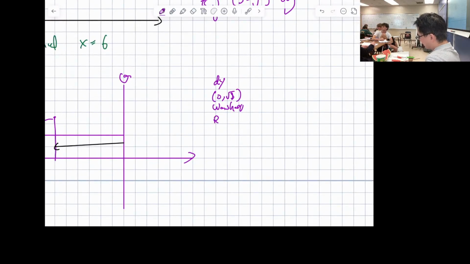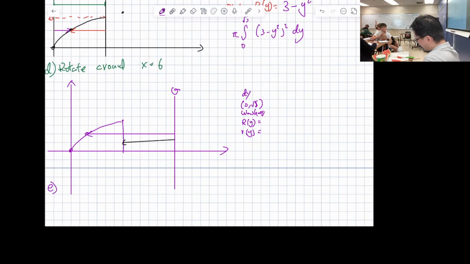Alright, shh. We have R of y here, because this is a washer with 2 different types of radius. So, Fiona, what can you tell me about big R, little r here? Little r. 3. Uno, dos, tres. Look, I know Spanish.